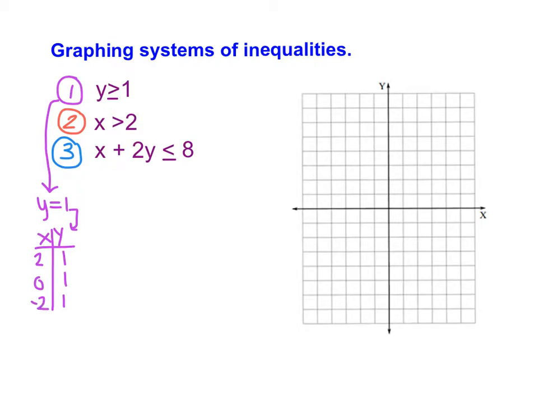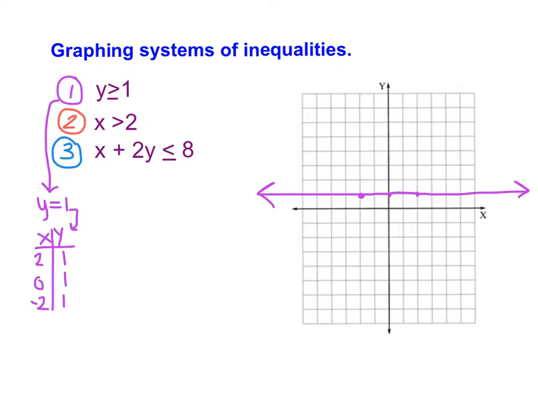And then if I go over to my graph and I plot these points, what I find is I have a horizontal line. And then if I look back at my inequality, because I have that equal to underneath, I know I'm going to have a solid line here at y equals 1. Now at this point, I need to determine which way I'm going to shade.